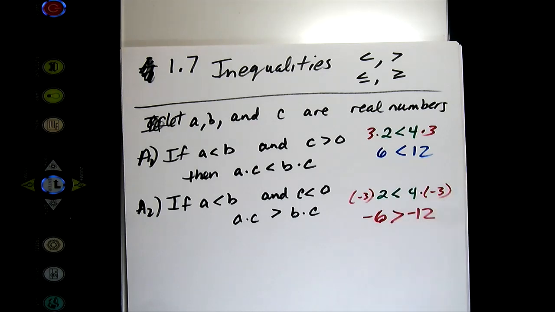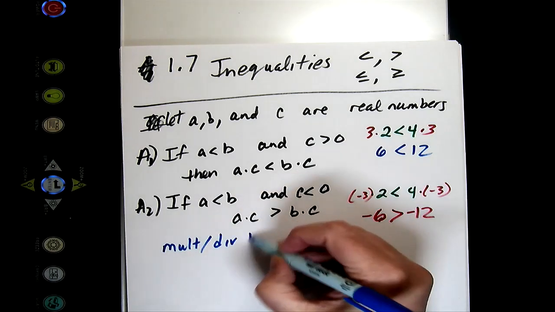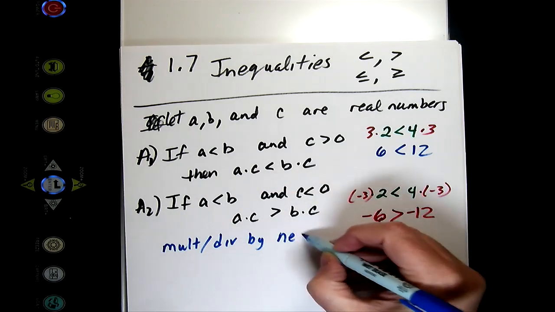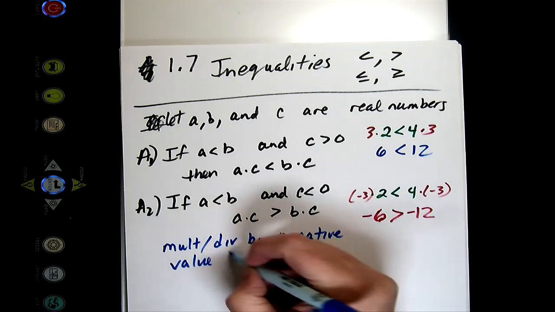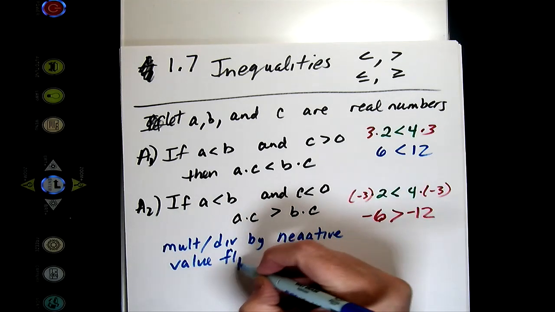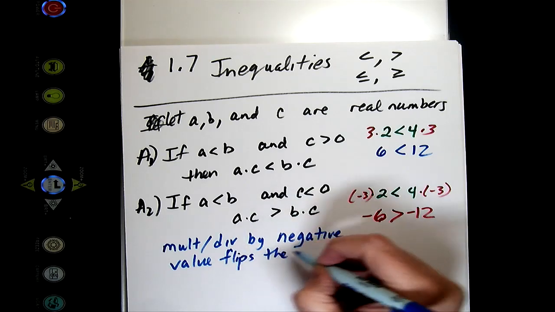So -6 is higher than -12. So basically, multiplying or dividing by a negative value flips the inequality.